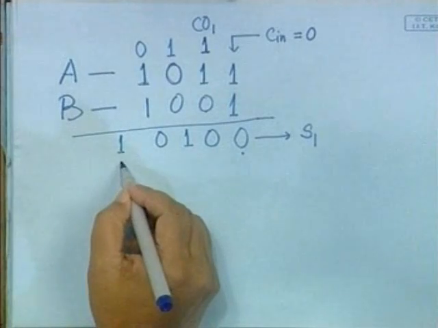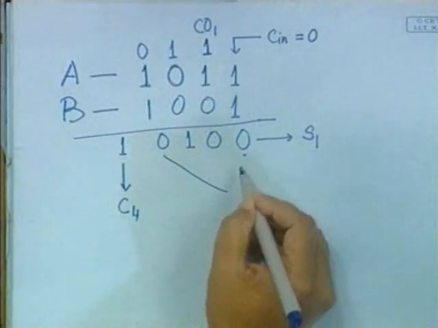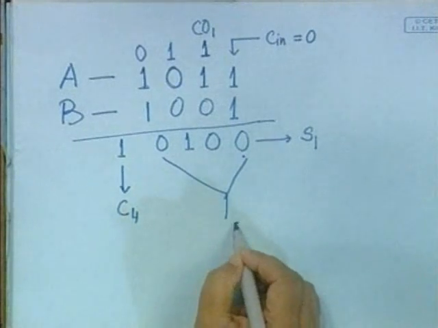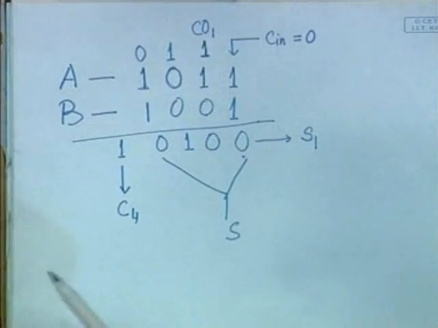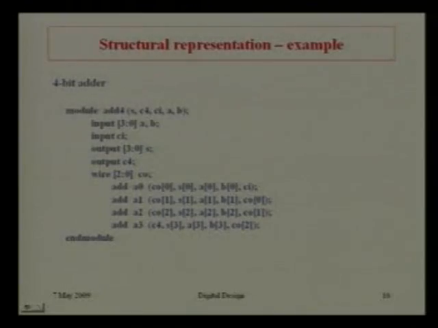So this is my C4, and this 0100 is my S, this 4 bit is my S. Now see, this is where [2:0] means 3-bit carry out. Okay, because C4, the final carry, I have taken separately.